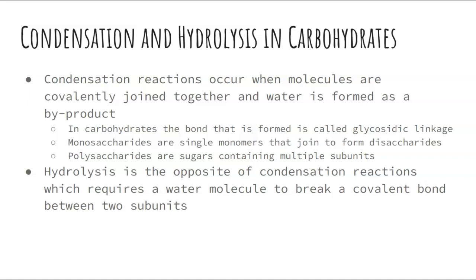Mono meaning 1, di meaning 2. When you join enough of these monosaccharides together, they are considered polysaccharides, which means many. So many sugars, when they link up, are just called a polysaccharide.